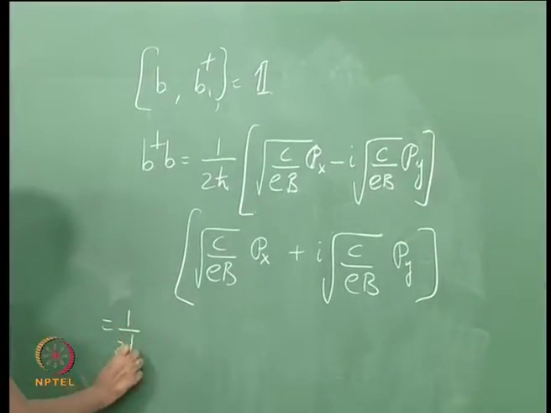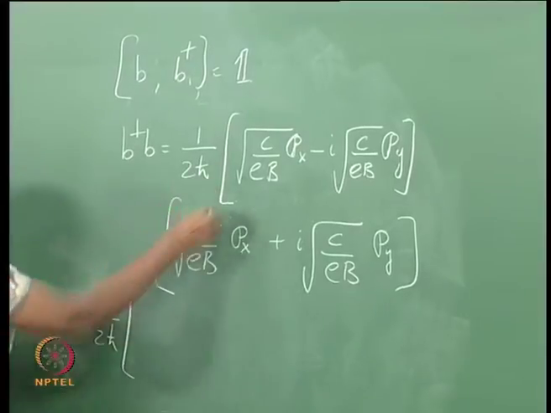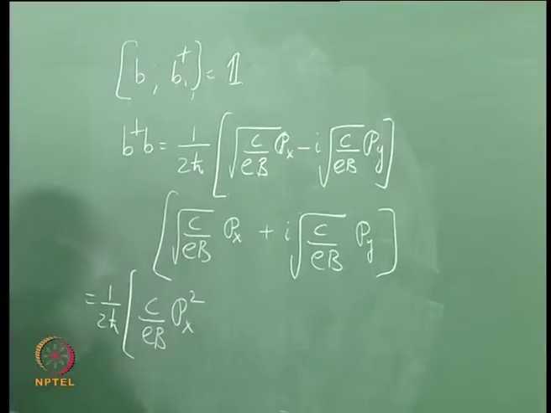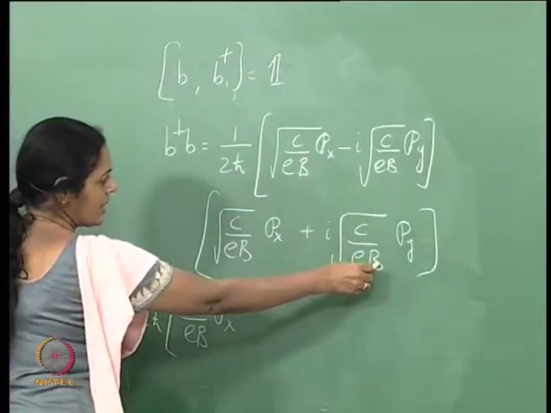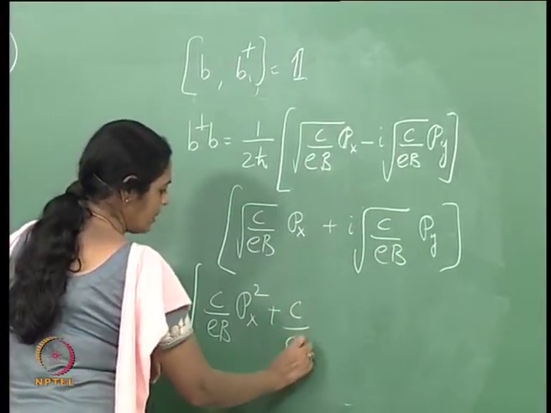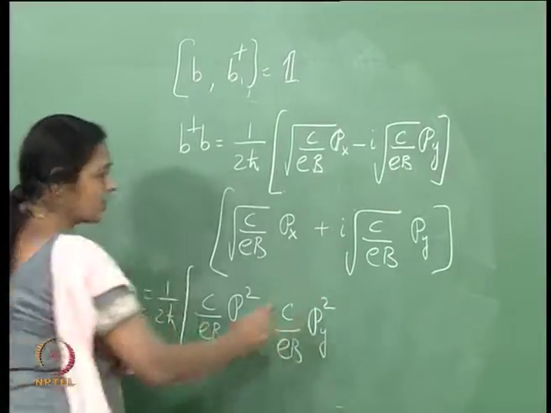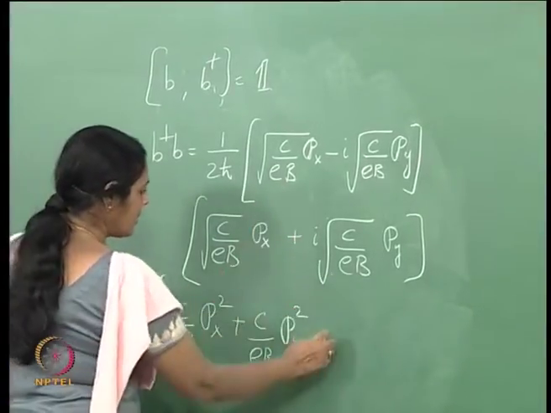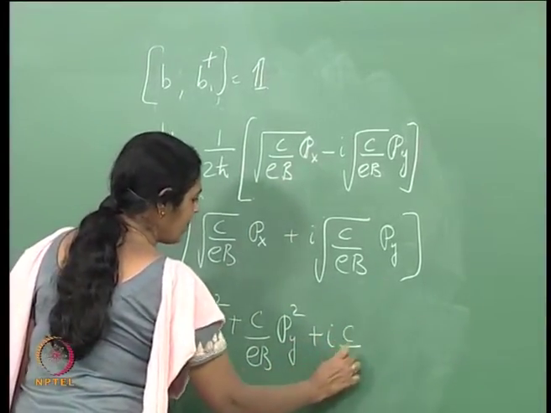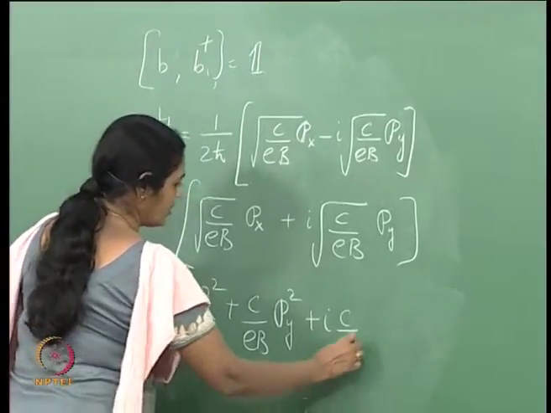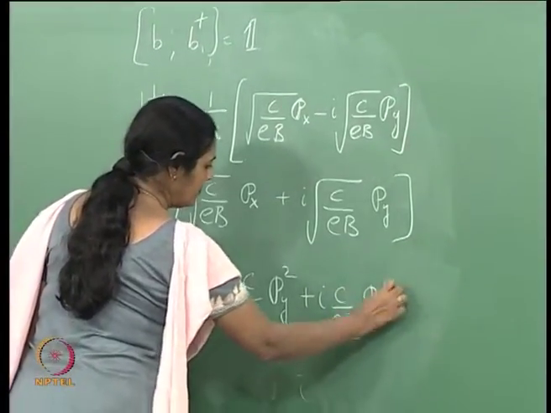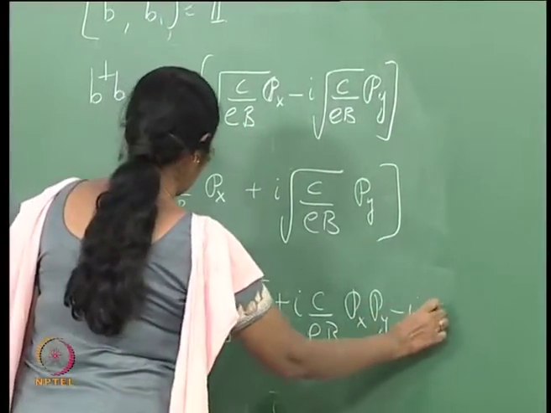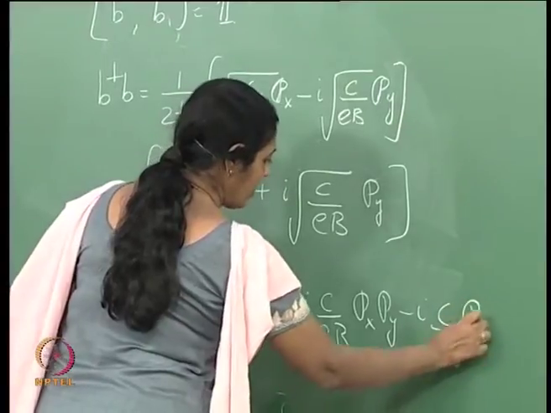That is 1 by 2ħ. The first term is just C by EB Px squared, and this times that gives me plus C by EB Py squared. Then I have cross terms. The first thing is plus I C by EB Px Py, and the next one is minus I C by EB Py Px.